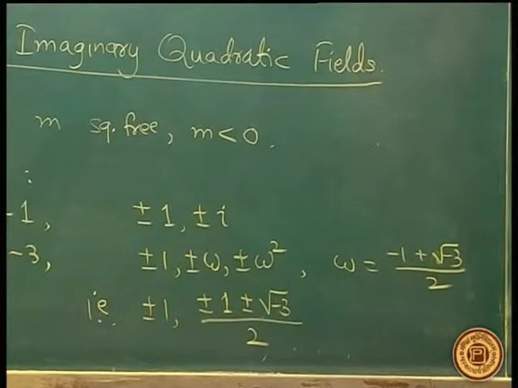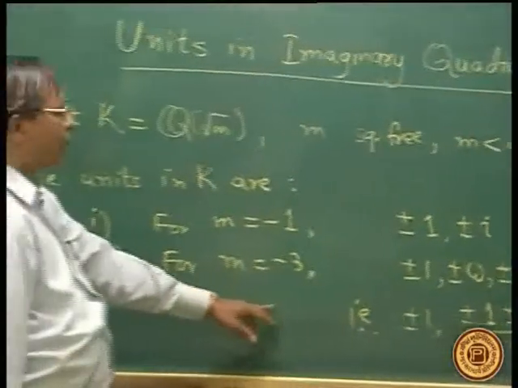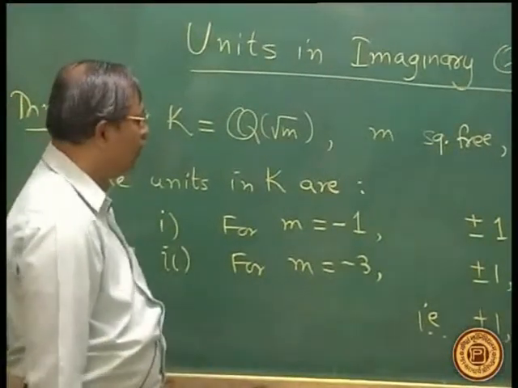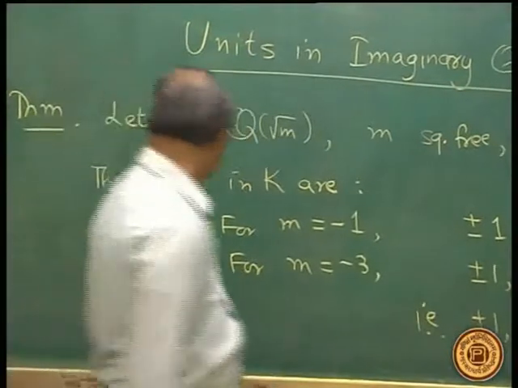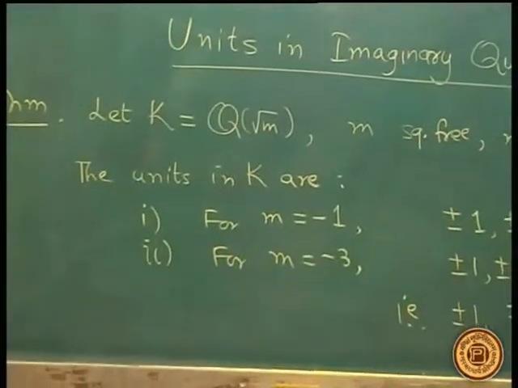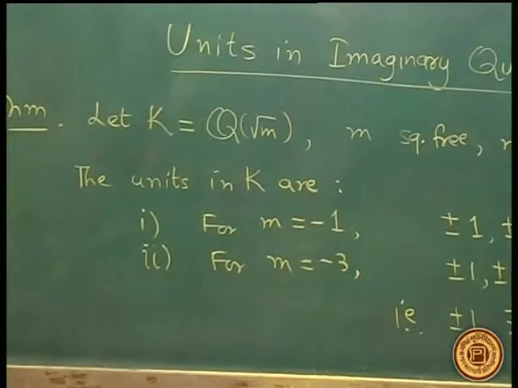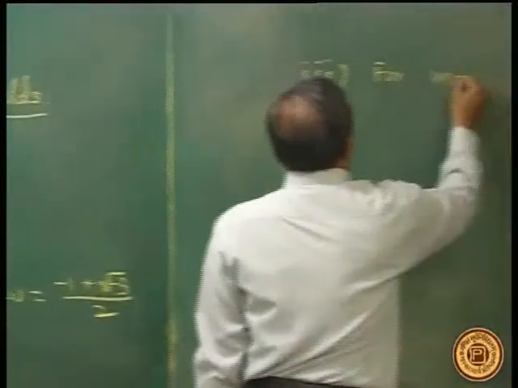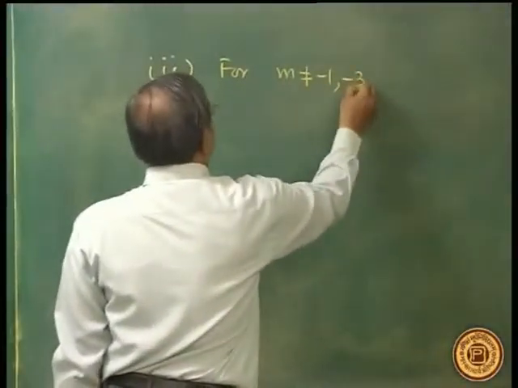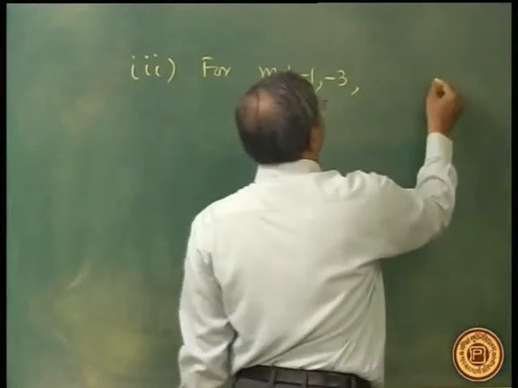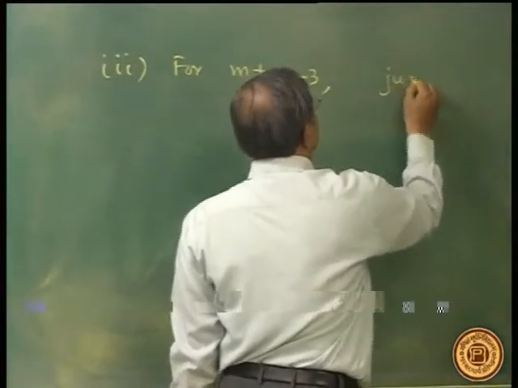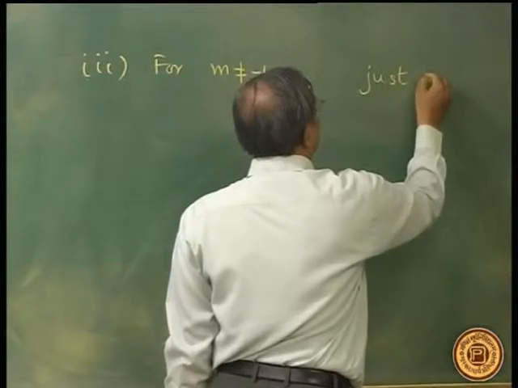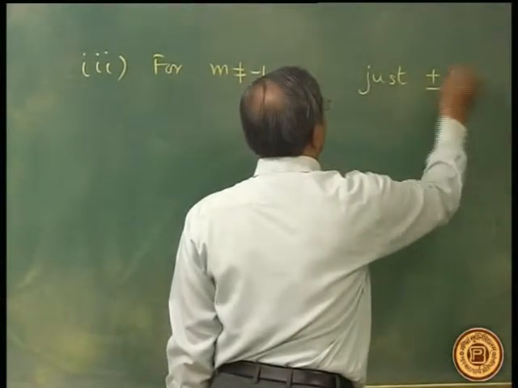And for other values of m, that is m equal to -2, then -5, -6 and so on, the units are just plus or minus 1. For m not equal to -1, -3, just plus or minus 1.